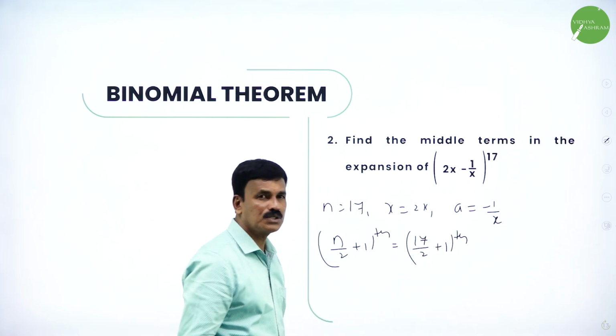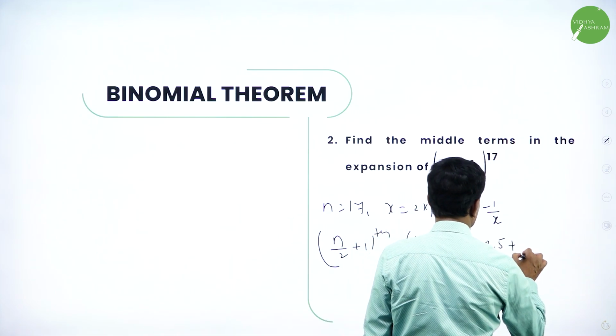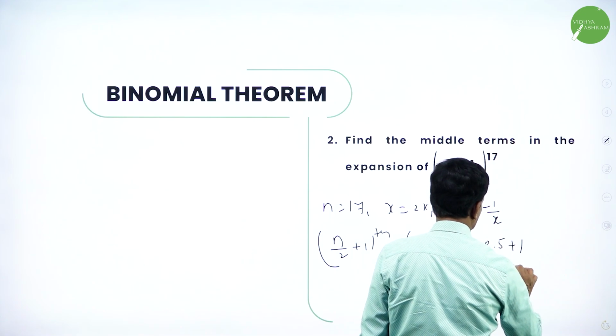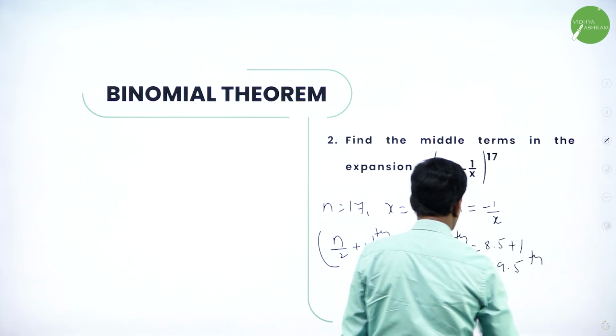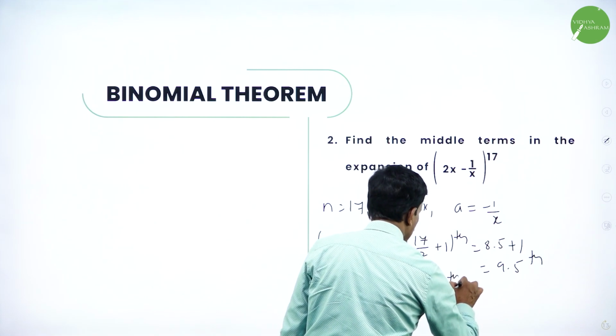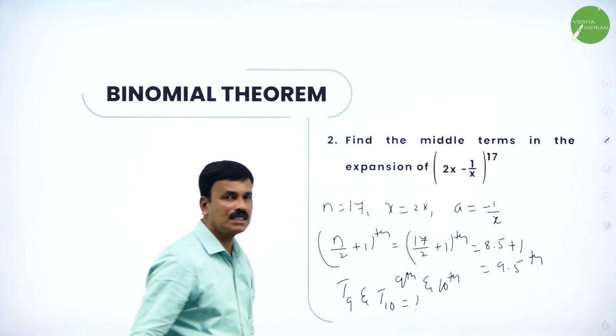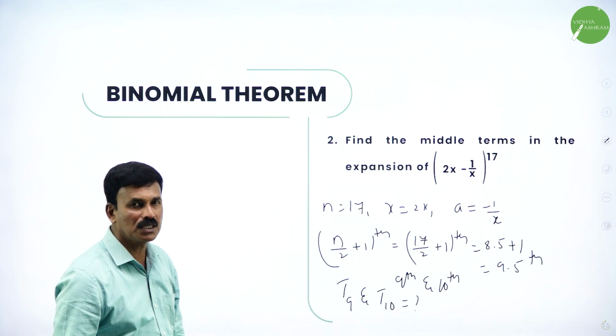So 17 by 2, that is nothing but 8.5, plus 1, that is 9.5 means we are going to get 9th and 10th terms as the two middle terms. So T9 and T10 are to be determined.